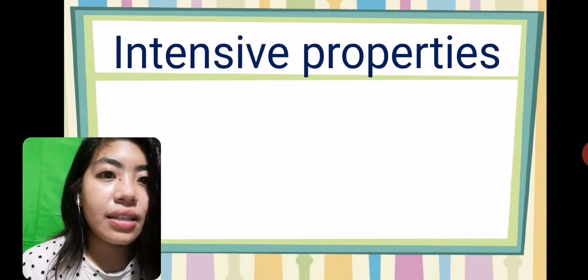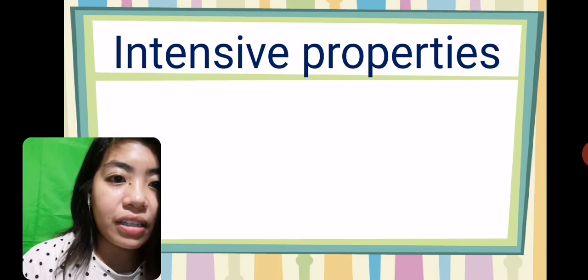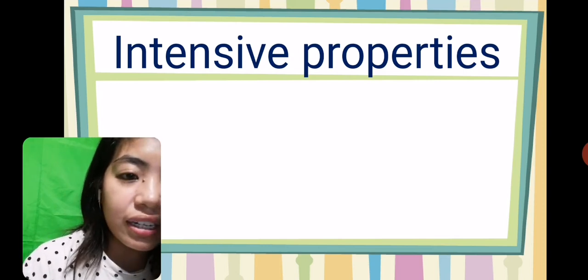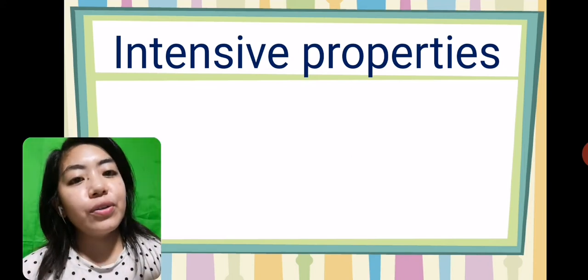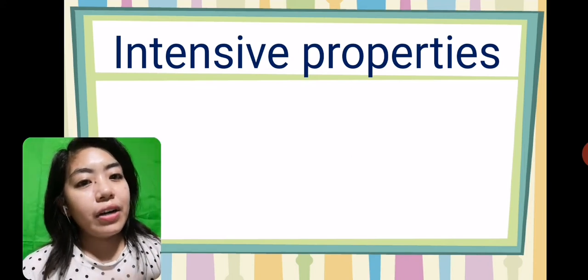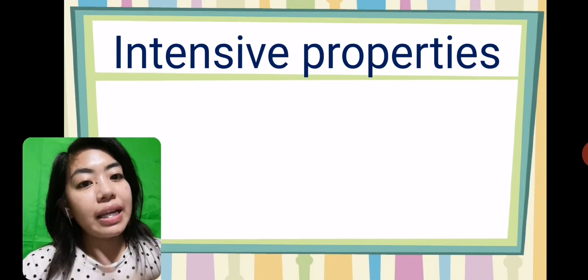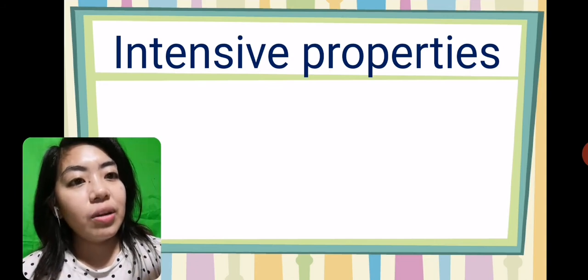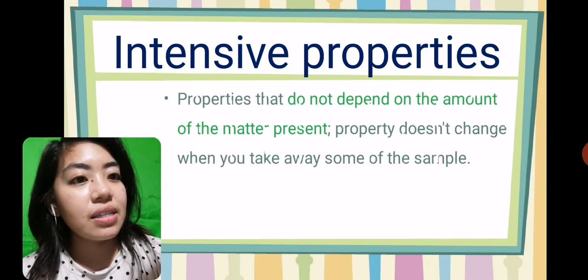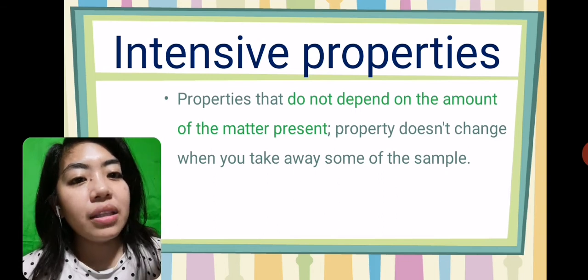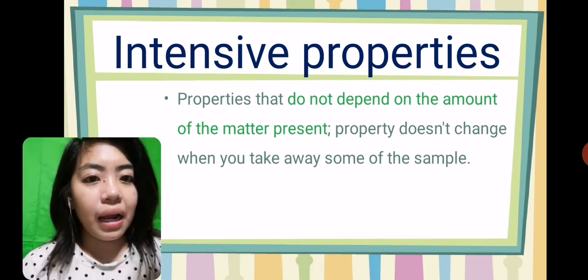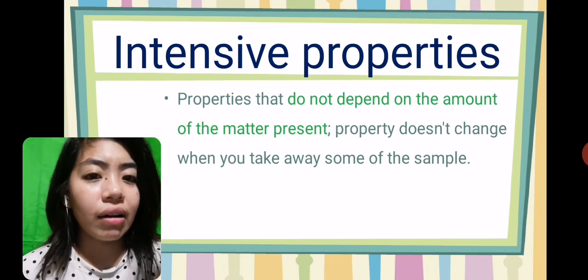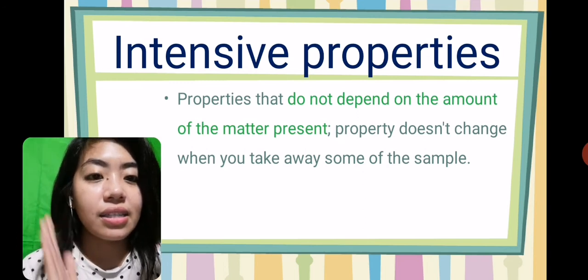Next is intensive properties. So, yung lahat ng diniscuss ko kanina, sila yung extensive properties or sila yung they refer with the quantity. Sa bilang sila tumitingin. Dito naman kay intensive properties, so properties that do not depend on the amount of matter present. So wala siyang pakialam kung gaano karami, gaano kalaki, gaano kaliit yung isang object.